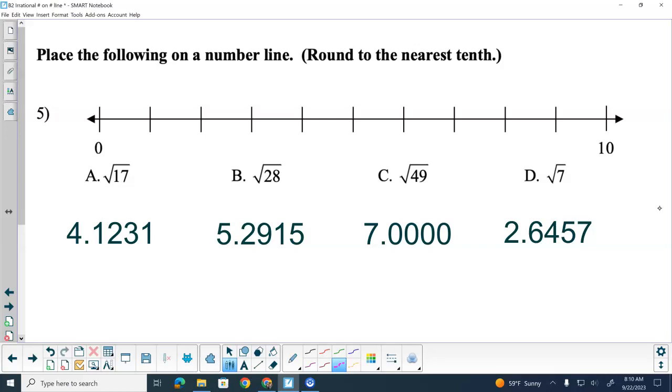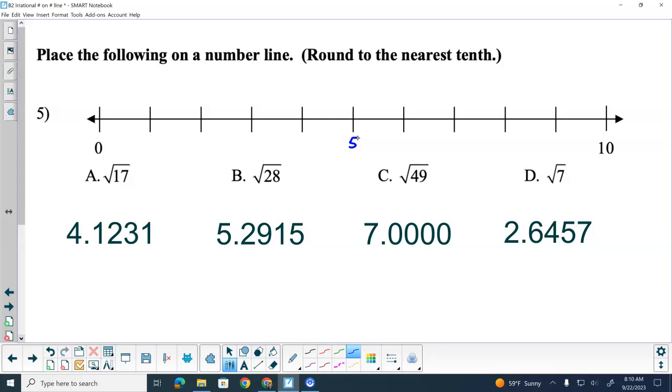We're going to put those letters on the number line because we know what their approximate values are. So that would be 1, 2, 3, 4, 5, 6, 7, 8, 9, and 10. Okay? All right, so I'm going to add that 5 in there.